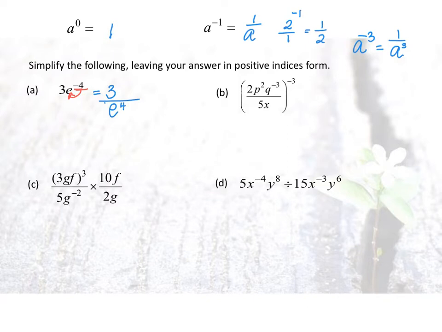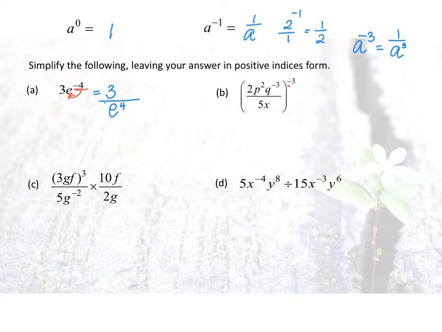What happens if we have a fraction? For example, like in B, I have a numerator and a denominator, the whole thing to the power of negative 3. This negative power tells me that I need to change the whole fraction. Whatever is in the numerator will now need to shift.